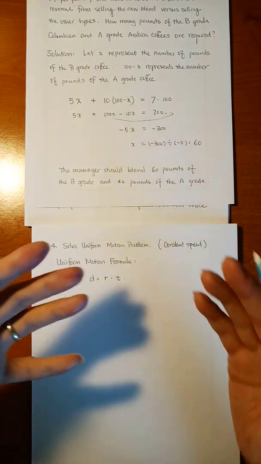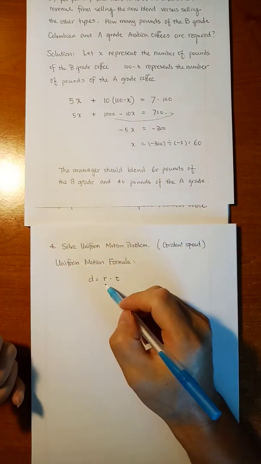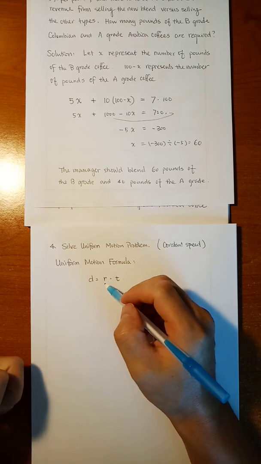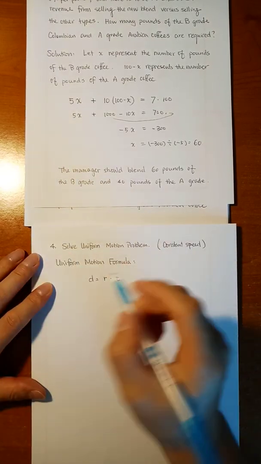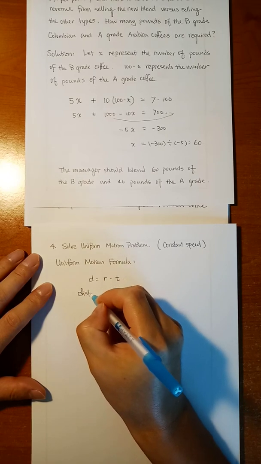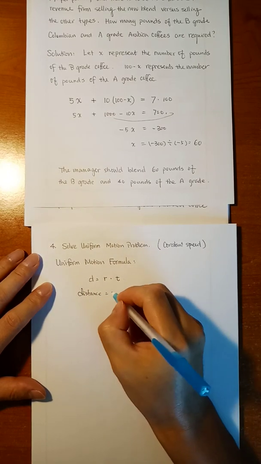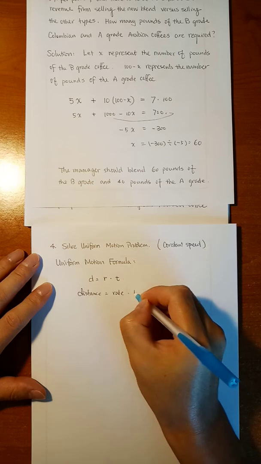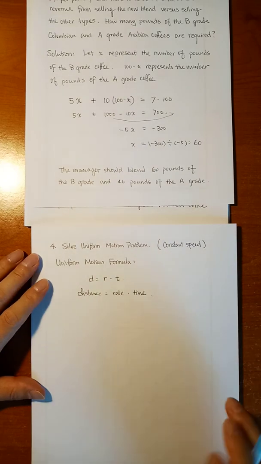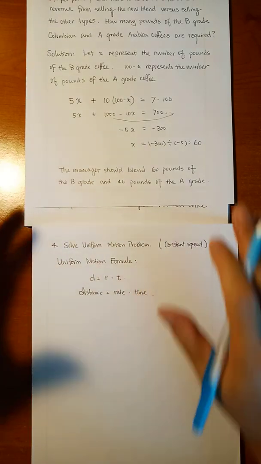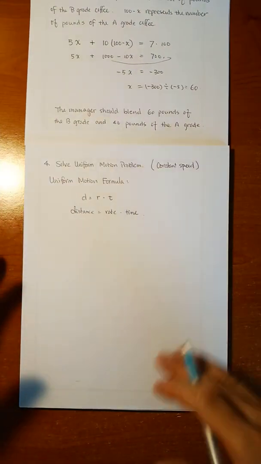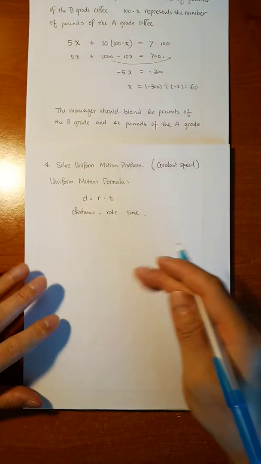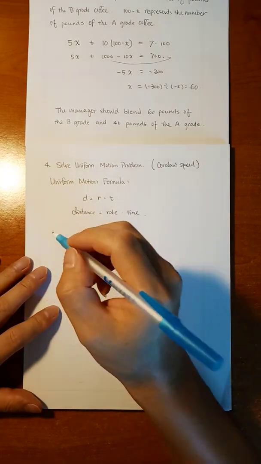R, speed, is distance over t, so it's a rate. So that's why they like to use rate times t. Distance is equal to the rate times the time. Okay, this rate is speed. It's called speed in the motion problem. The rate is called by different names for different problems.